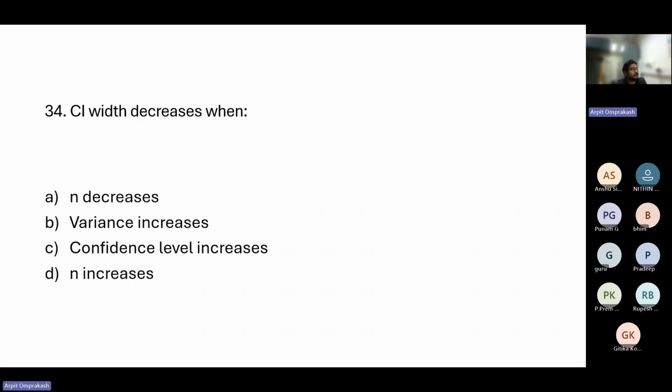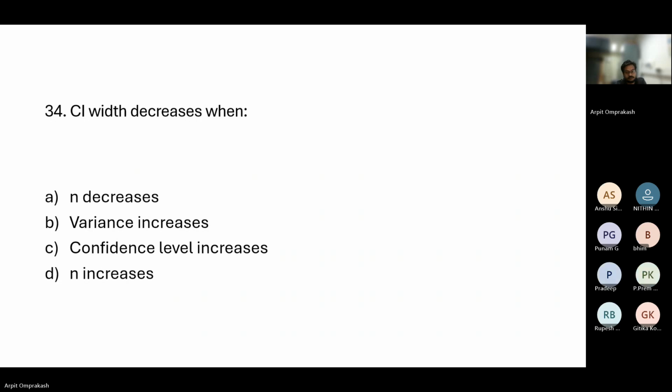Confidence interval width decreases when A, n decreases, B, variance increases, C, confidence level increases, or D, n increases. The width of the confidence interval is what we are going for here.